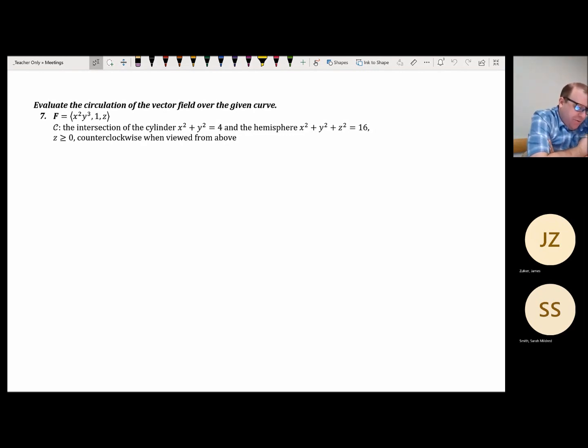Circulation of the vector field over the intersection of the cylinder x squared plus y squared equals 4 and the hemisphere x squared plus y squared plus z squared equals 16 for z greater than or equal to 0, oriented counterclockwise when viewed from above.